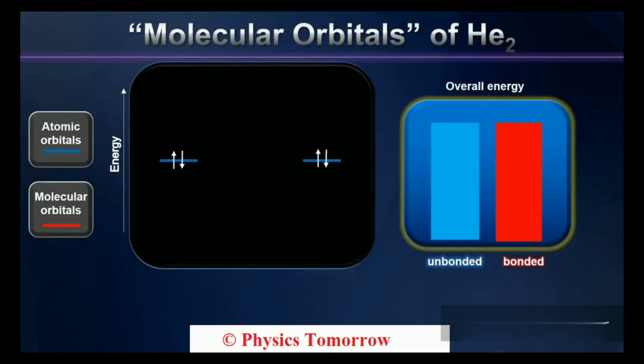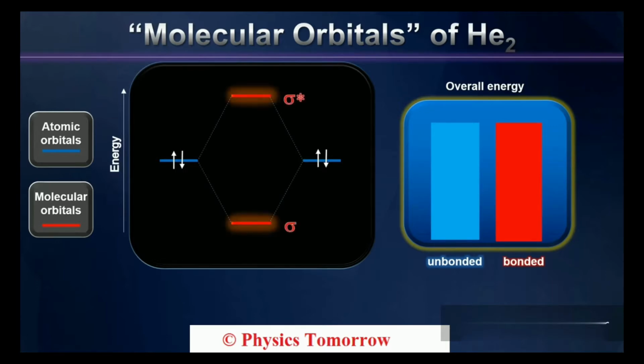Now let's move on to the next element on the periodic table, helium. Now I've put molecular orbitals here in quotations because, as we're about to discover, there really is no such thing as a helium-2 molecule. But to prove it, we need to use our energy diagram and combine the two atomic orbitals of helium atoms to find out what the energetics of bonding would be if it were to happen. So let's go ahead and do that now.